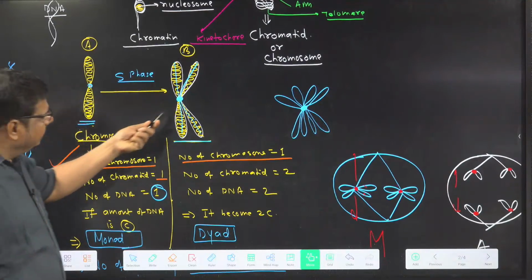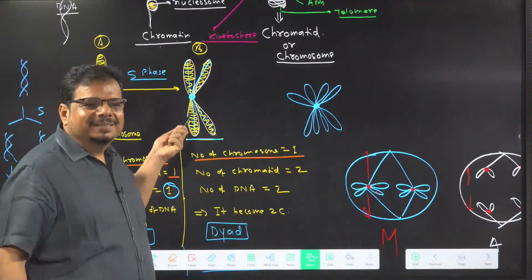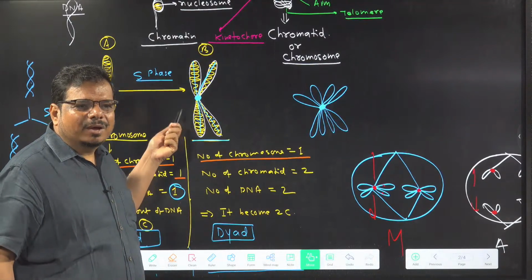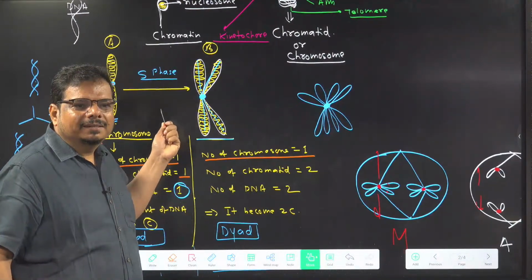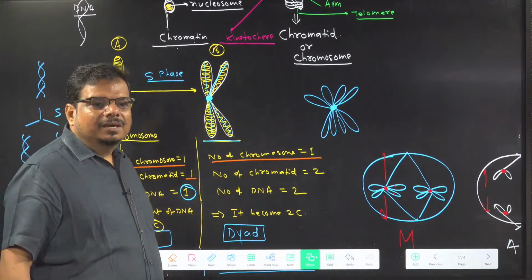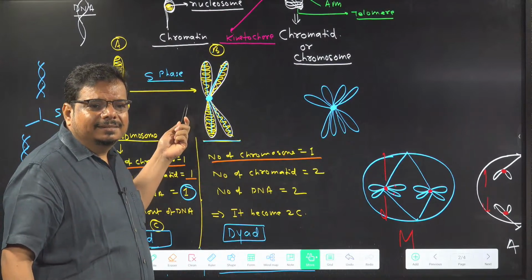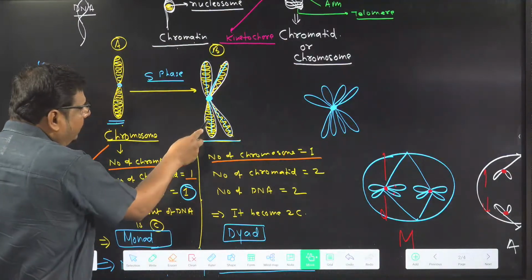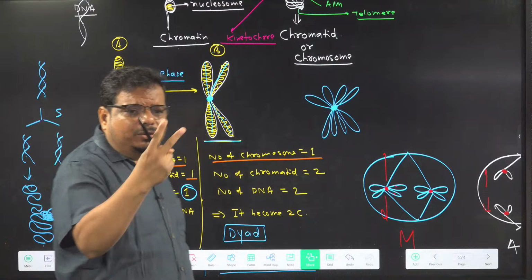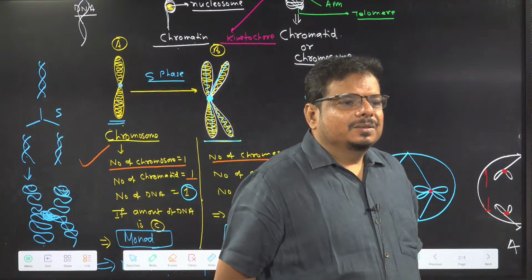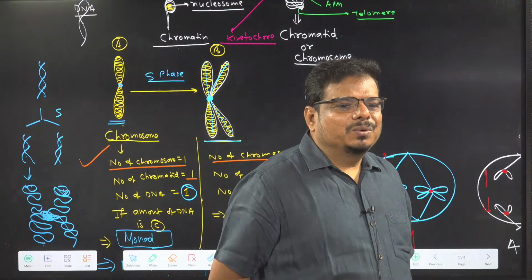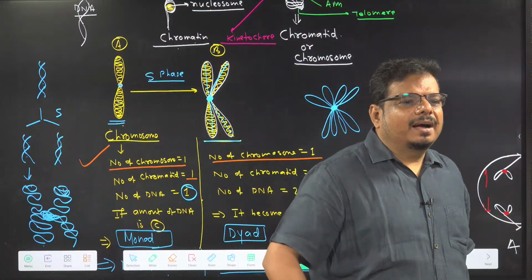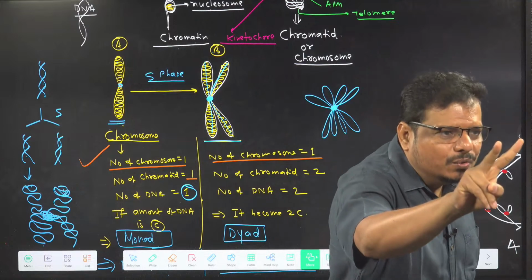1. Is it a chromosome? Yes. How many DNA is there? Answer it. 1 DNA, 1 DNA. Total how many DNA? 2 DNA. So what is the number of DNA in a chromosome? Either 1 or 2.